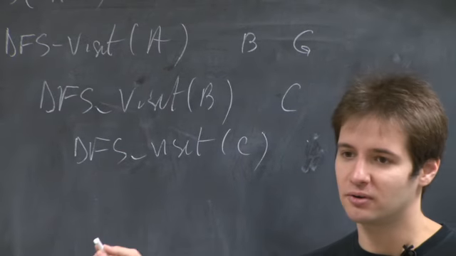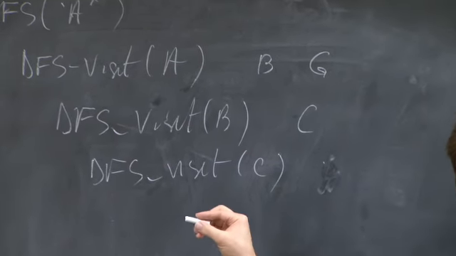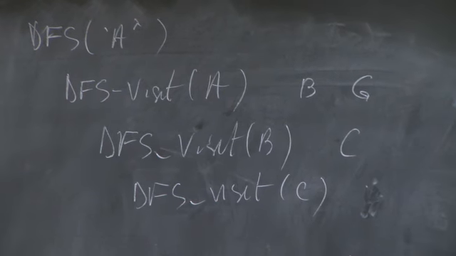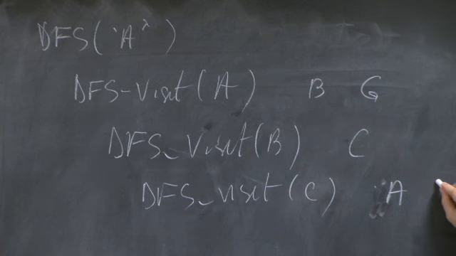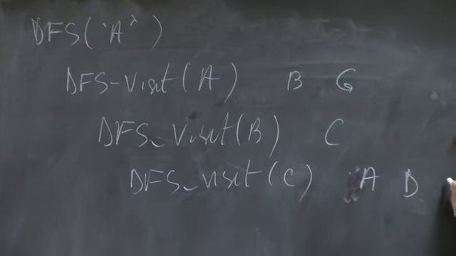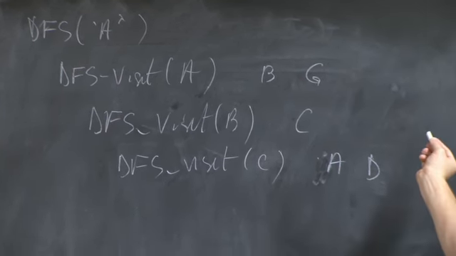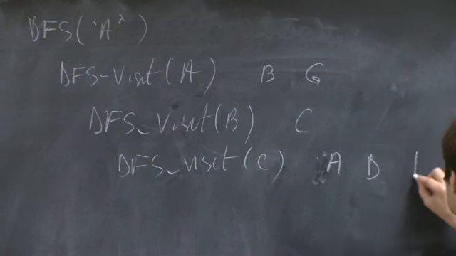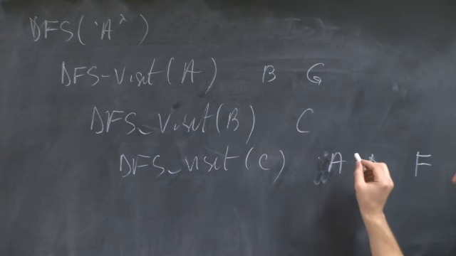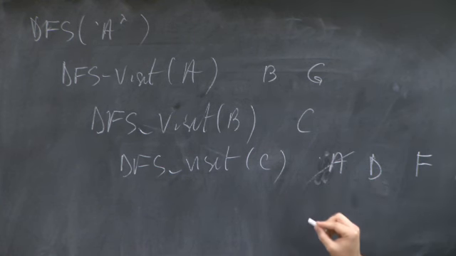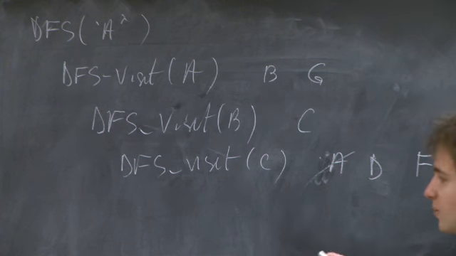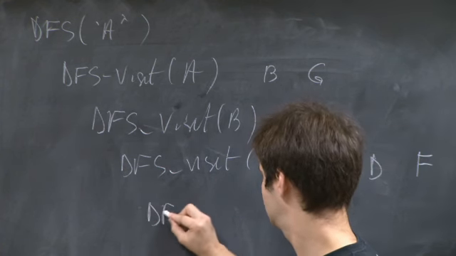So we're wondering about the order, right? Let's assume that in the adjacency list, all the nodes are in alphabetical order. So I'm going to have A, D, and it looks like F. Okay, is A in parents? Yes. Is D in parents? So what happens? That's parents first.